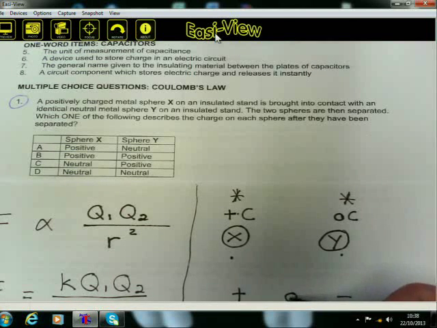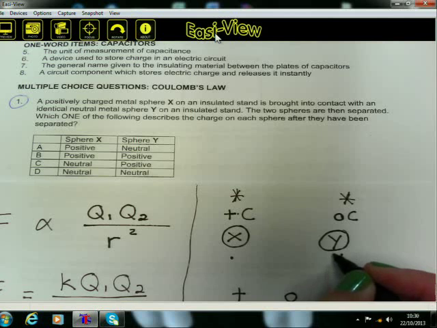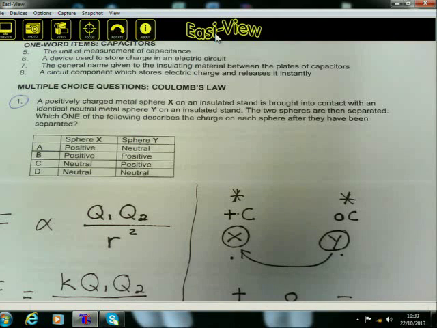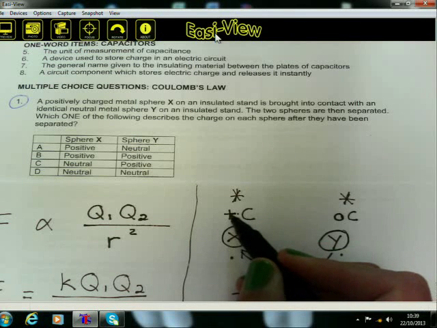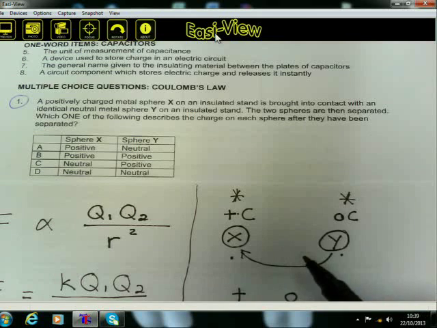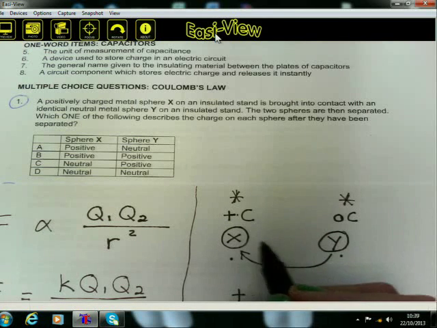So if I'm 0, I'm more to the negative side than the positive. So when these two touch, electrons will be transferred from Y to X. So this one will become more negative but still not 0, and the 0 will become more positive. It's kind of a difficult concept to understand, but I hope you guys get what I'm saying. So now they ask you, what will the charge be on both of these?